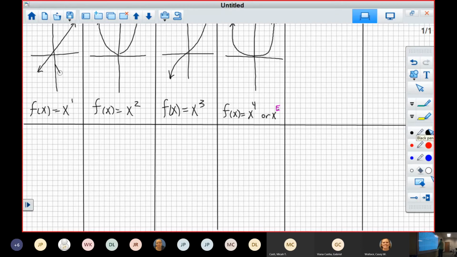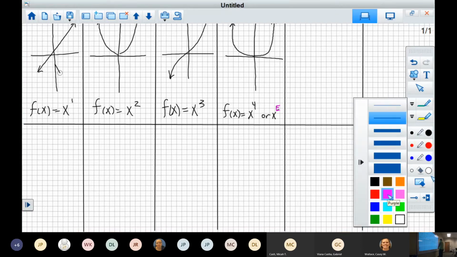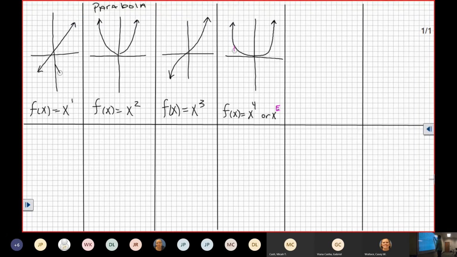And I'm going to take that magenta and draw a kind of a square right here. The more that index goes up, like 6, 8, 10, 12, the more your parabola starts to square off on the bottom.